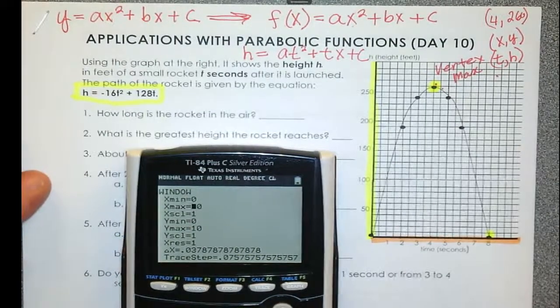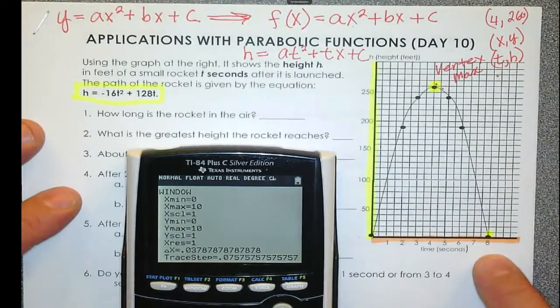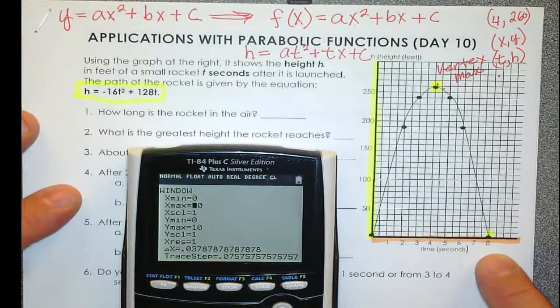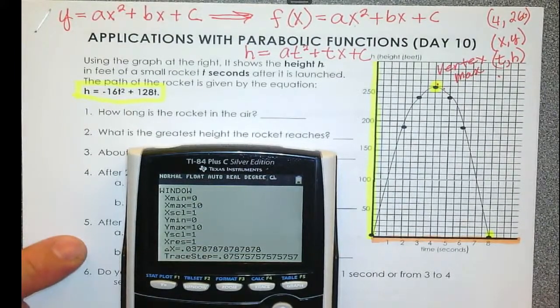Now, time. 10 seconds seems reasonable. In fact, they have it hitting the ground at 8 seconds, so we're good there. Now, h or y, I have no idea. I could take a guess, but why guess when we have a feature on our calculators?